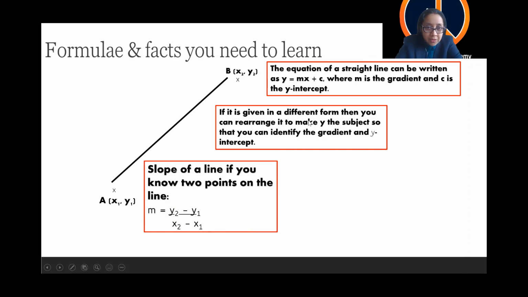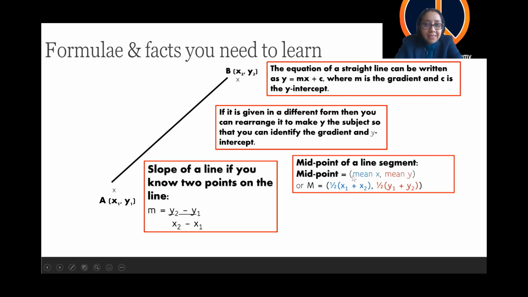This is the slope, that means the m value within the equation y = mx + c. We can also find the midpoint of a line segment using this formula: half of (x1 + x2) and half of (y1 + y2) is the midpoint.